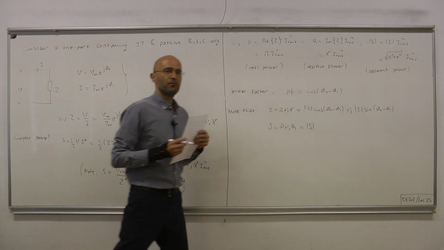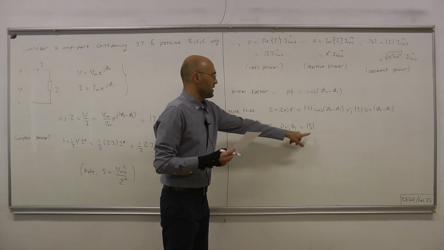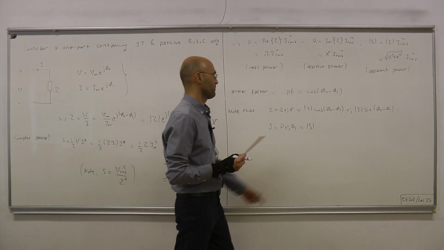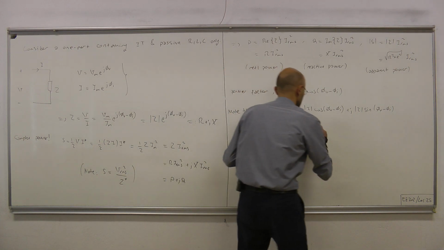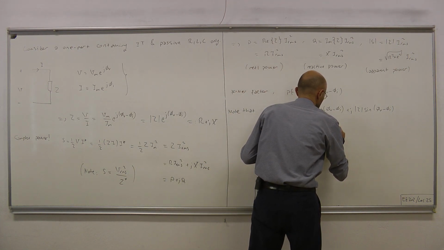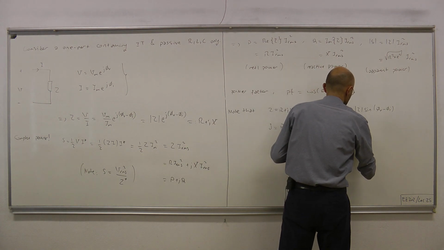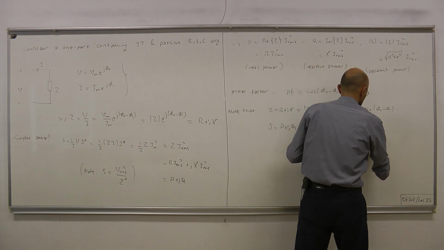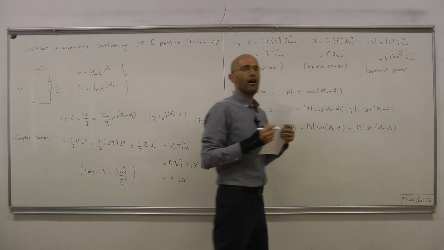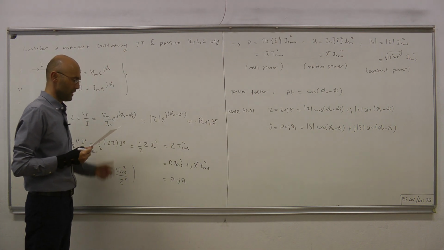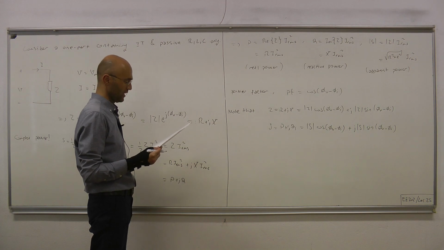And the real part is the magnitude times the same scalar, the power factor, cosine of phi v minus phi I, plus j times the magnitude times sine of phi v minus phi I. Okay, and so that's the complex power.